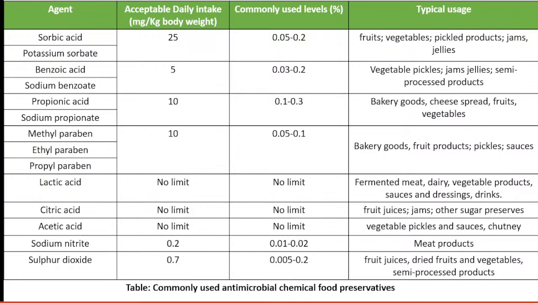Next comes sulfur dioxide, which can be taken daily up to 0.7 milligram per kg body weight, to the level of 0.005 to 0.2% in foods like fruit juices, dried fruits and vegetables, semi-processed food products. So these are the commonly used antimicrobial chemical food preservatives.